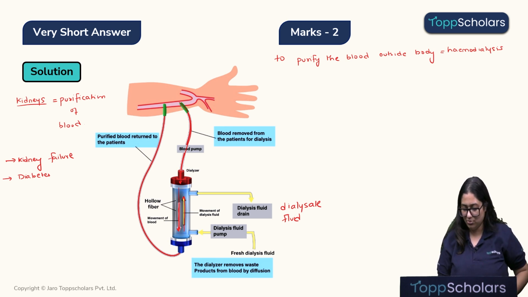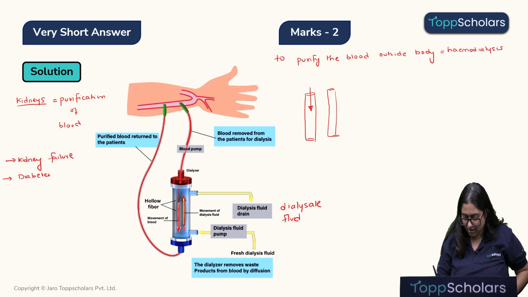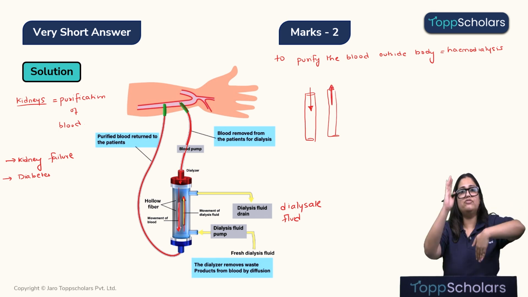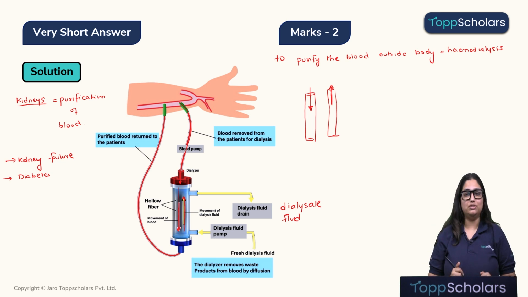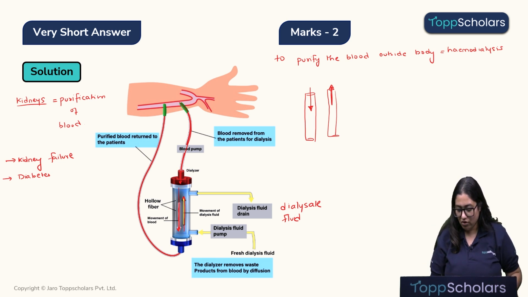So let's draw that quickly once so that you understand. Now the blood is moving downwards through here, okay, and the dialysate fluid is moving upwards through here. Due to this opposite flow of the fluid, children, the nitrogenous waste will move from the blood into this dialysate fluid.